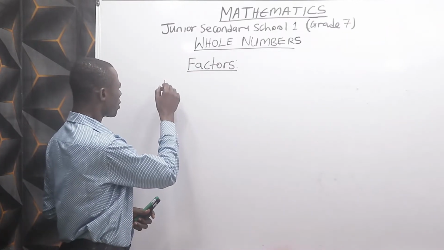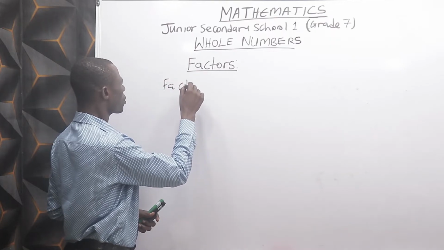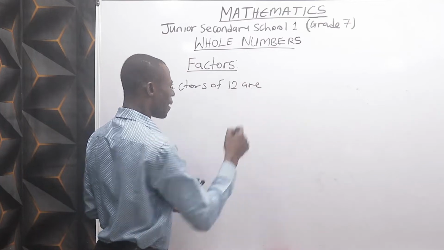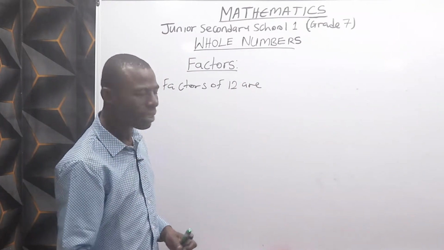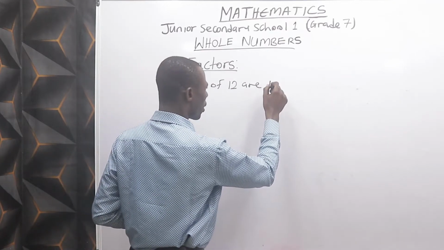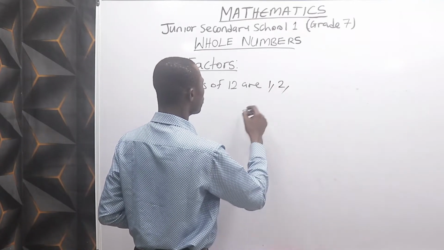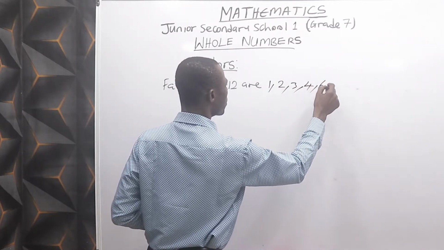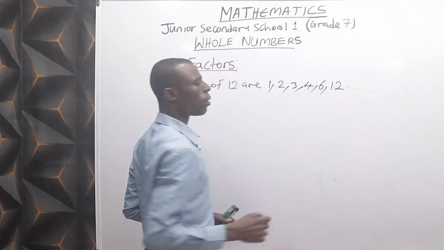Take for instance, factors of 12 are all the numbers that can divide the 12 without remainder, like 1, 2, 3, 4, 6, and 12.